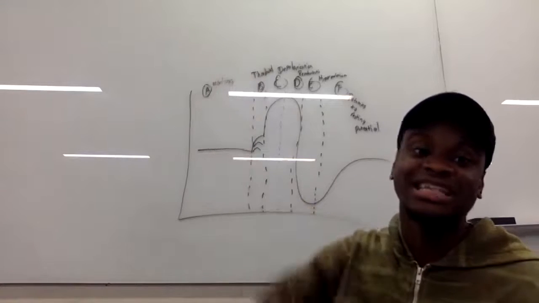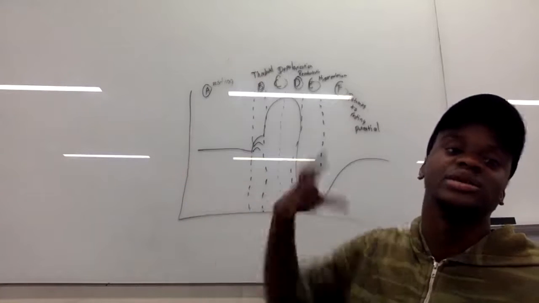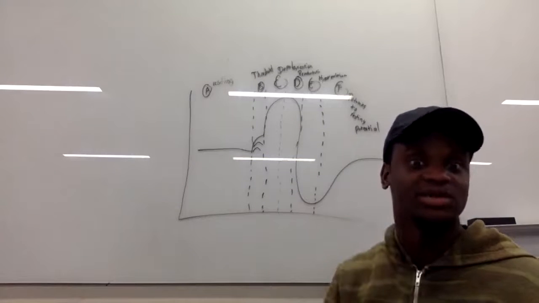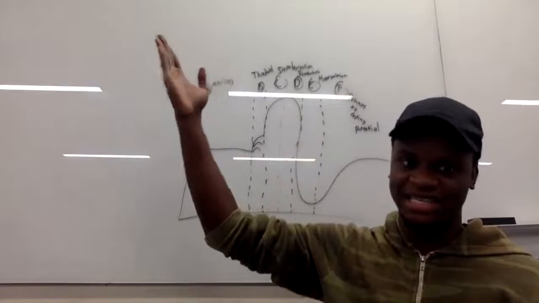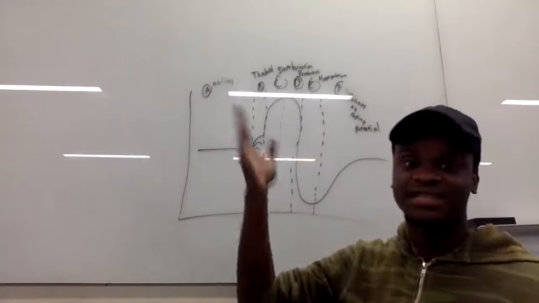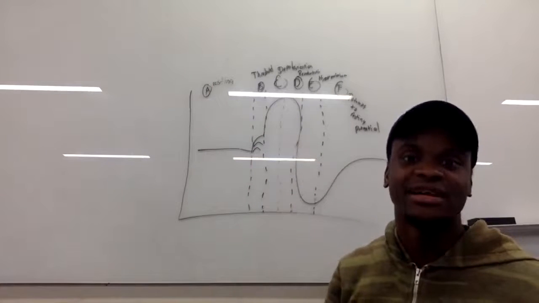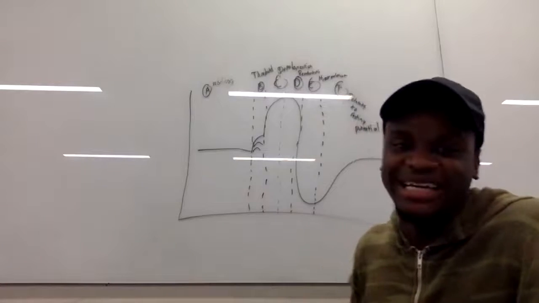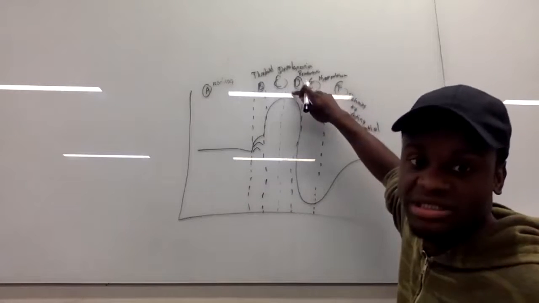As positive charges enter the cell, the membrane potential increases. Now our potassium ions, which are also positive, are leaving the cell. As potassium leaves the cell, it becomes less positive, meaning more negative, which is why the membrane potential drops.